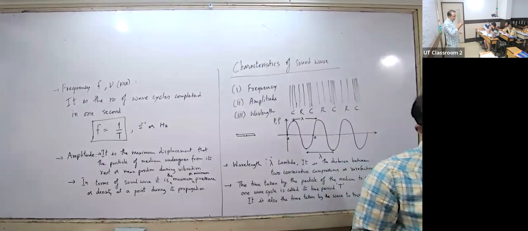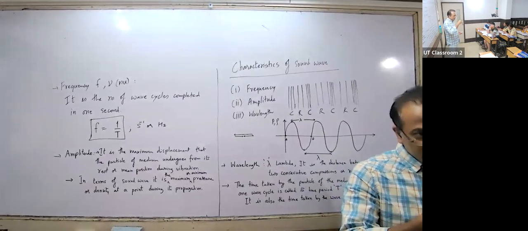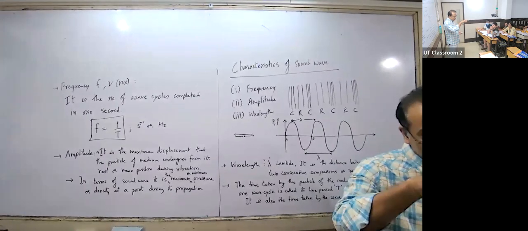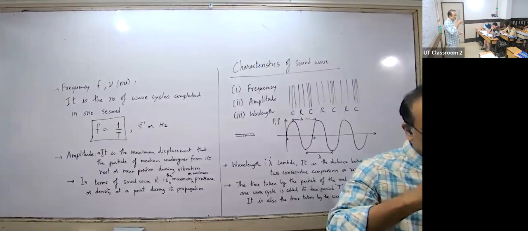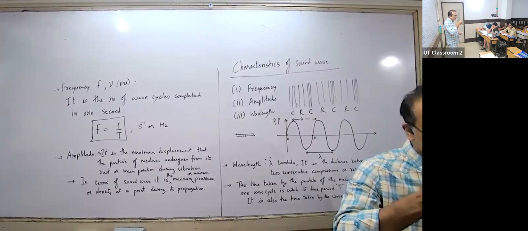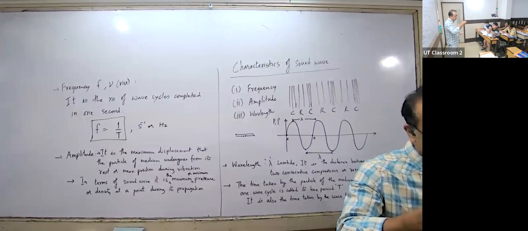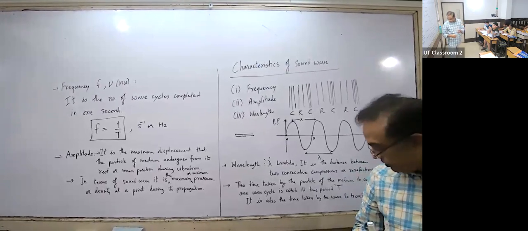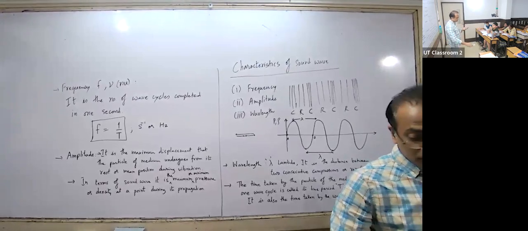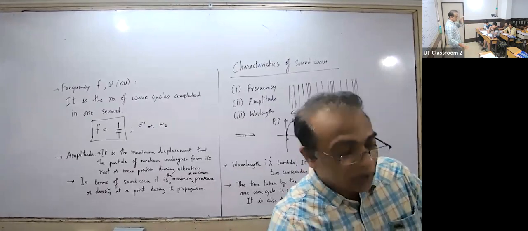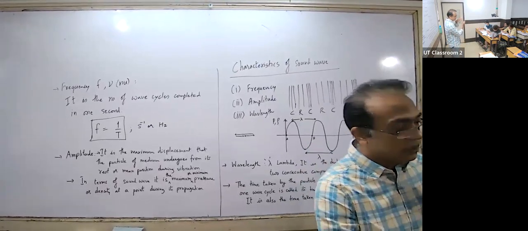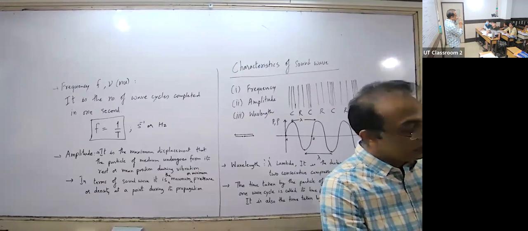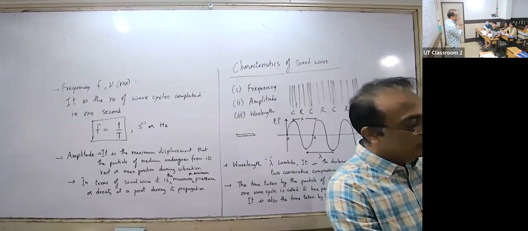When I'm speaking, the air particle near me is not entering into your ear. It is just oscillating like this. Then it is making the other particle oscillate. Let us say these are the four particles. When I speak, it goes like this.